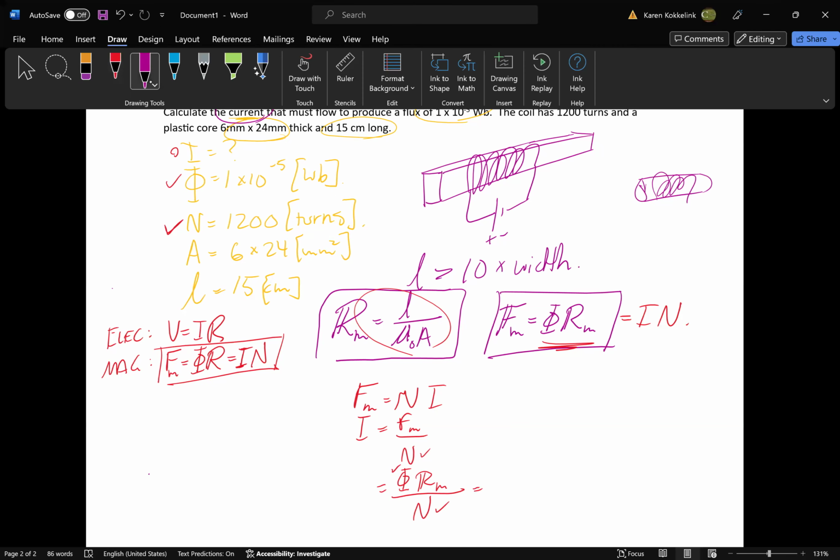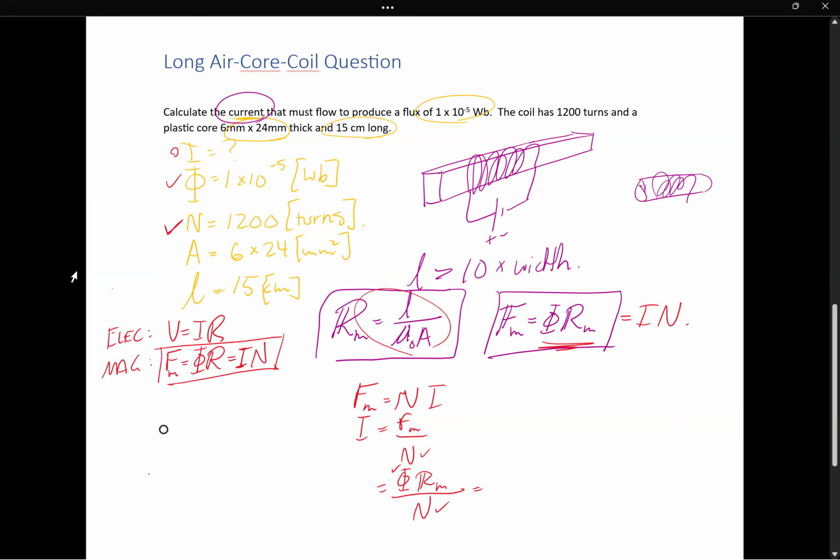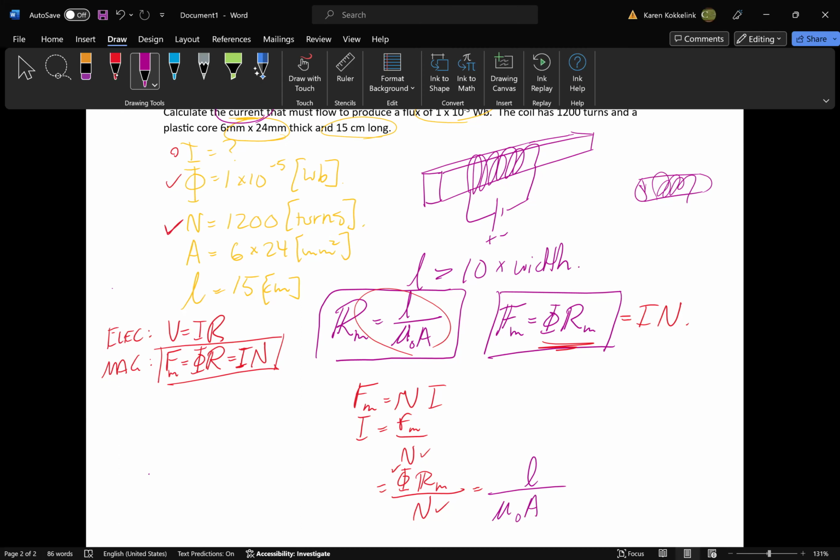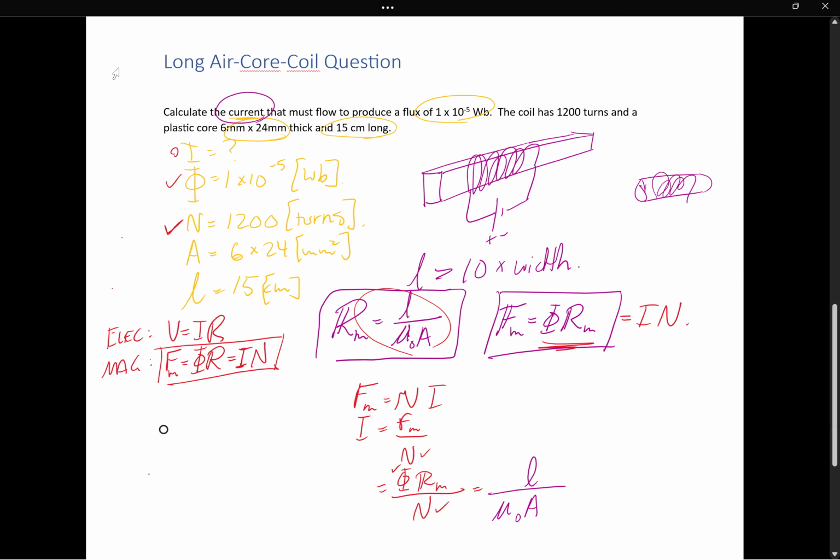So let's do that. Let's substitute that purple equation in, which is L over permeability of free space times cross-sectional area. And everything else in my equation already goes along for the ride. That was my flux, which I know, and my N was at the bottom as well. So there we go.